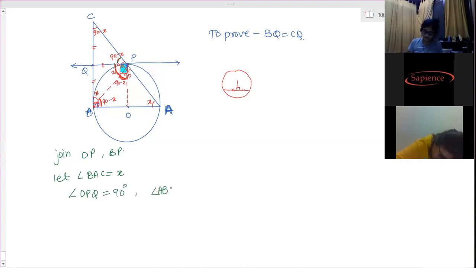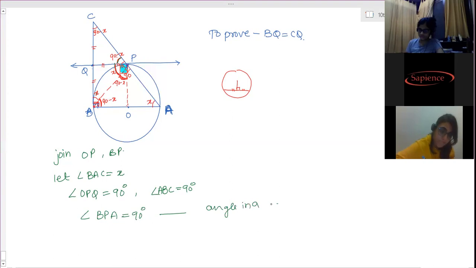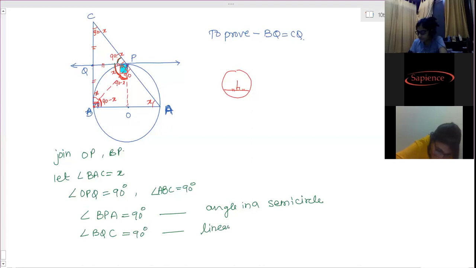Angle ABC is equal to 90. Angle BPA is equal to 90, angle in a semicircle. Angle BPC is equal to 90, linear pair.